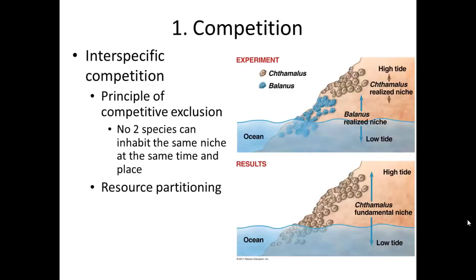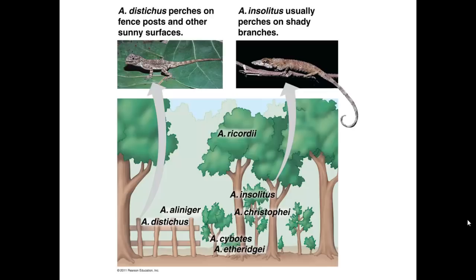And so this results in resource partitioning, where if there is overlap in that niche, they use that resource in a different way at a different time, so that the competition is avoided or partitioned among them.